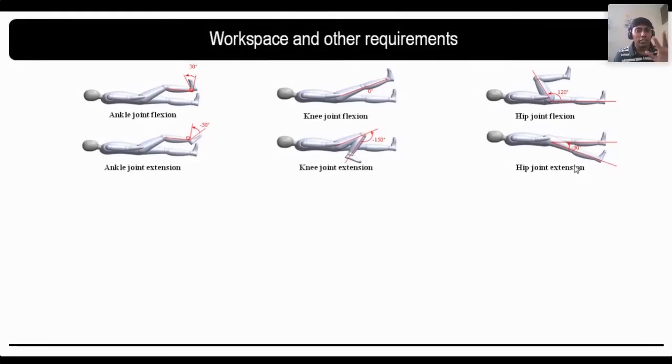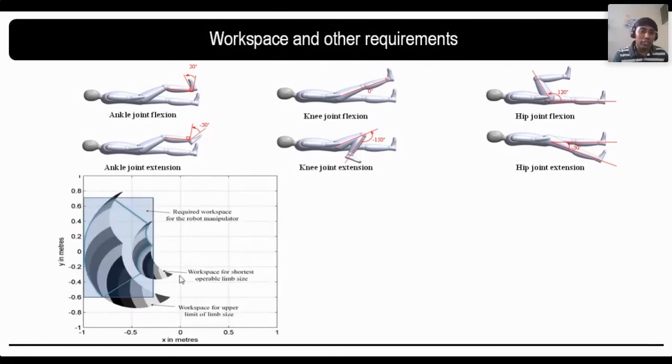These are the suggested therapeutic motions. Based on that, you can come up with the shortest possible leg and the tallest leg, and then you can find some kind of workspace. Based on that, you can take the compromised workspace for your system development.